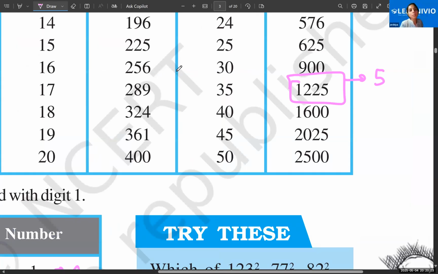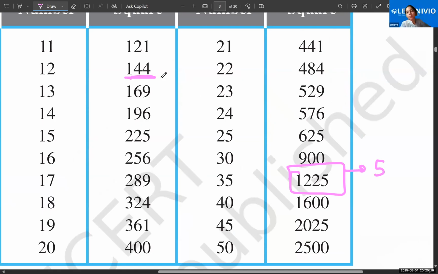I was asking what is in the ones place of this number? 144. Yes, it's 144. 4. And what will be the ones place of 12?